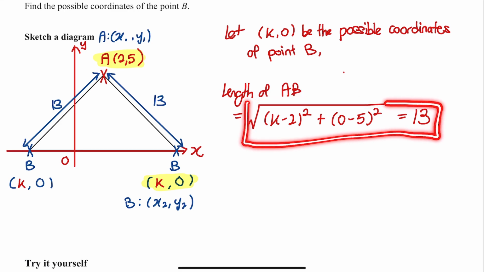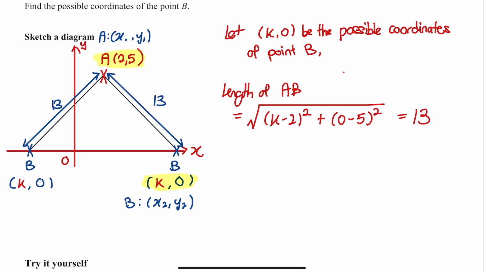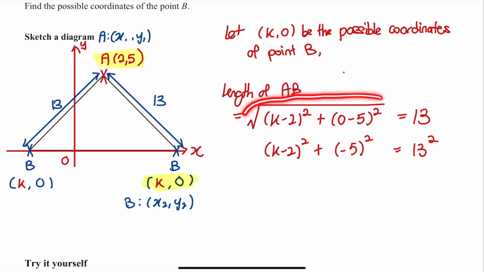To get rid of square root, I'll square both sides of the equation. So this means that k minus 2 square plus, over here 0 minus 5 is just negative 5, the whole thing square, equals to 13 square. Because I square both sides of the equation to get rid of the square root, I'll get a square here. Okay, now I further simplify.